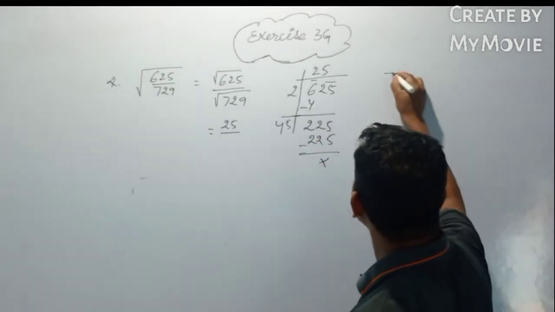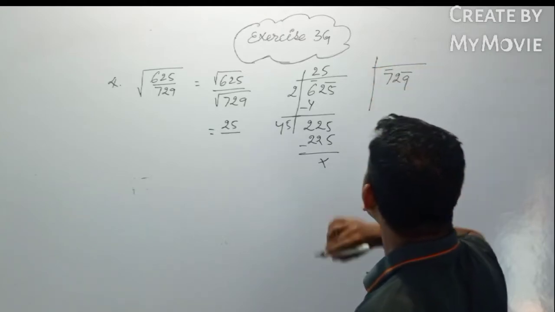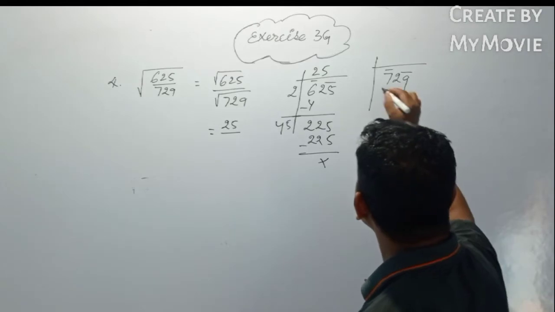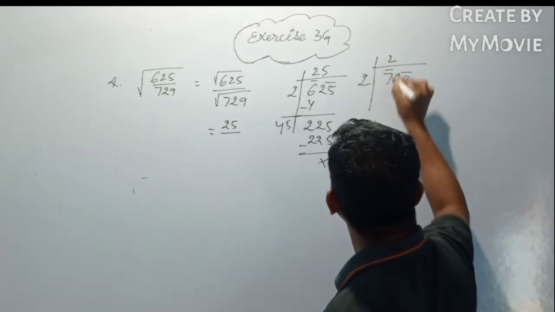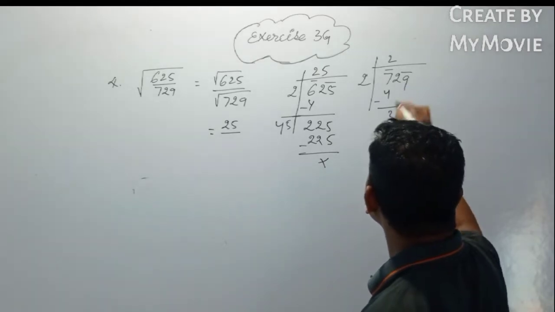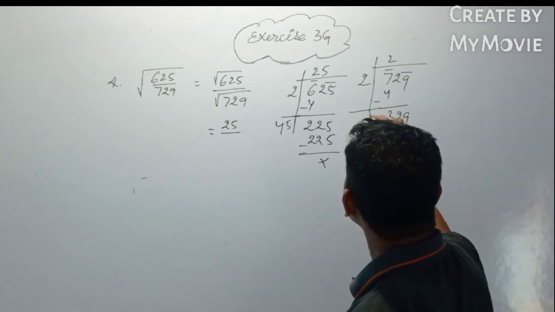Now find the square root of 729. 2 2s are 4, 3 3s are 9. So here we take 2. 2 2s are 4. 7 minus 4, 3. So 3 2 9. Then 2 plus 2, 4.